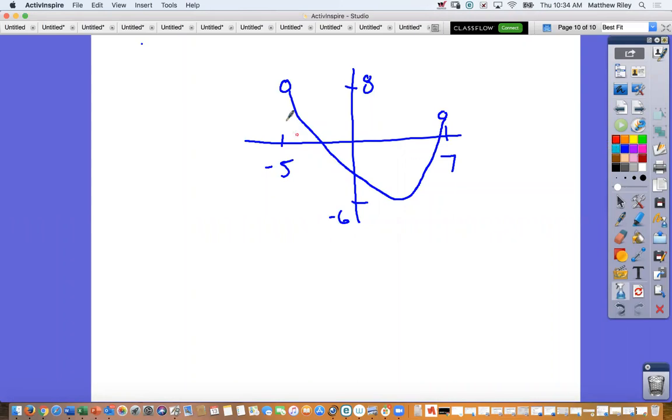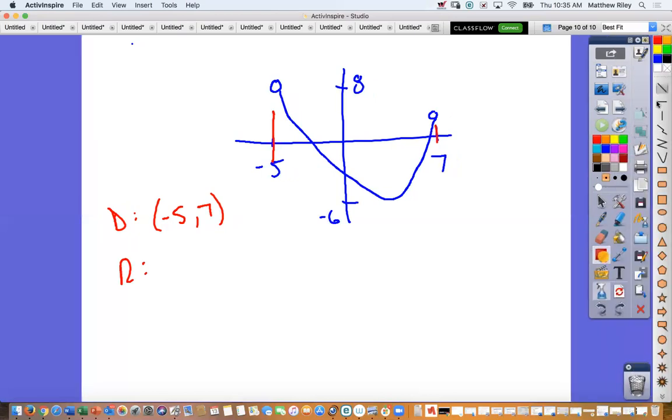So with your domain, again, I'm just looking left to right and seeing if there's any breaks in the graph. So my domain goes from -5 to 7. It's open. There you go. Now, with my range, I'm going to do something else real quick.